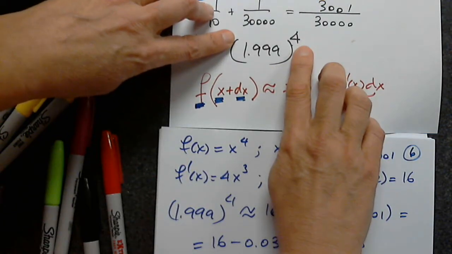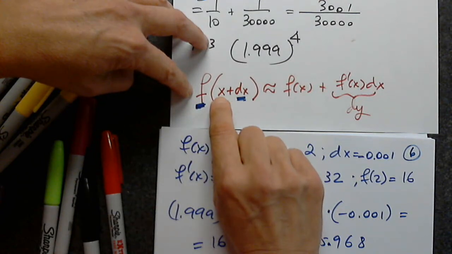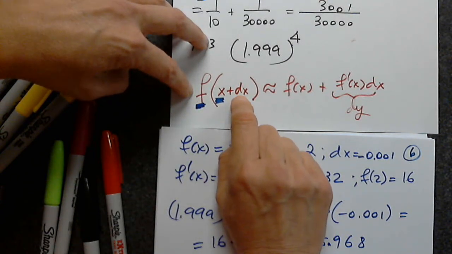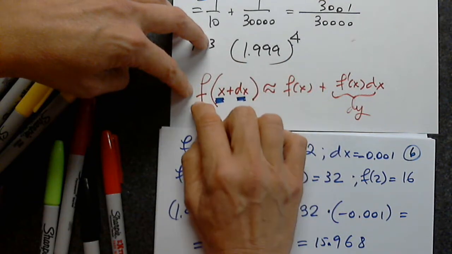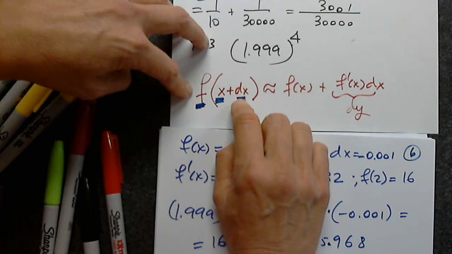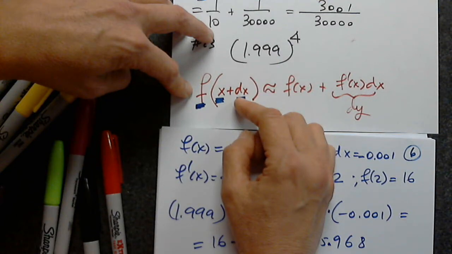Yes. We are asked to find the function of x plus a change. It could be positive or negative. So we are asked to find a function of something we know that changes slightly. What we know is 2, and the slight change is negative 0.001.